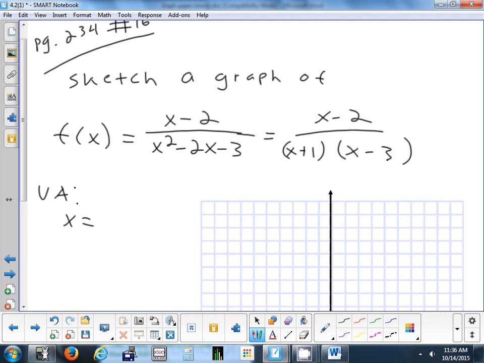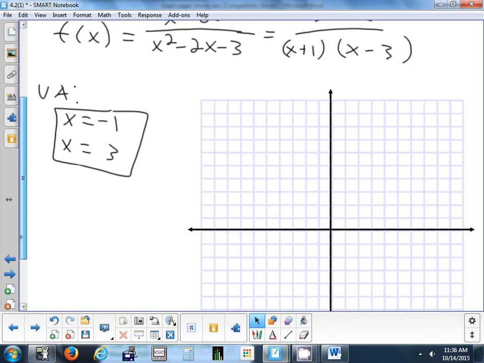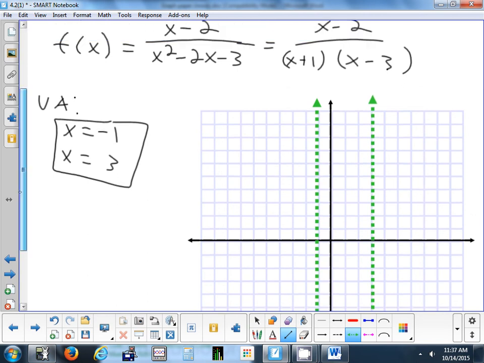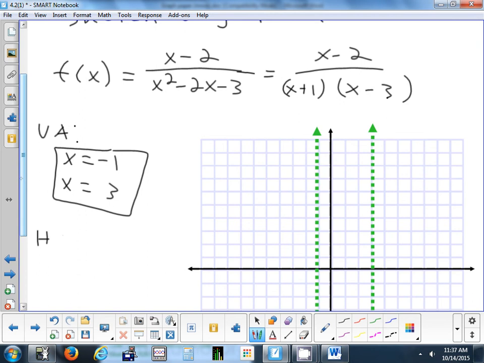From the first factor, x would equal -1. From the second factor, x would equal +3. Okay, so we'll put those on our grid, -1 and +3.